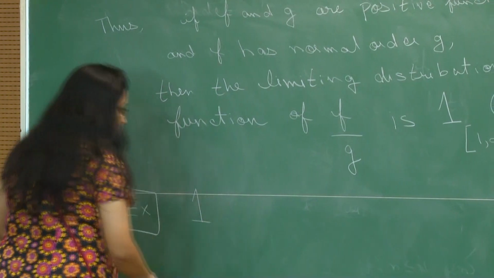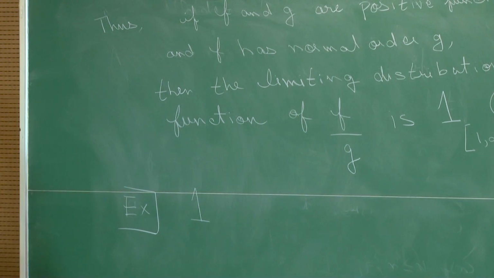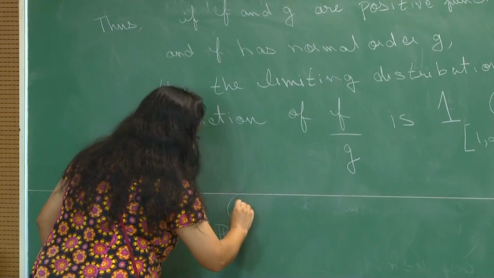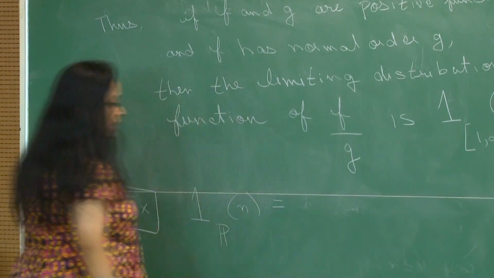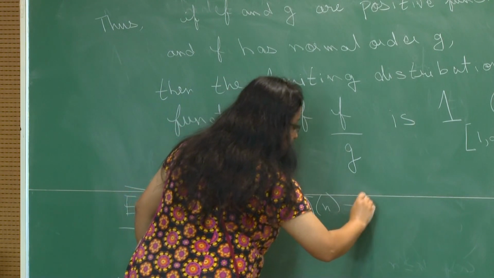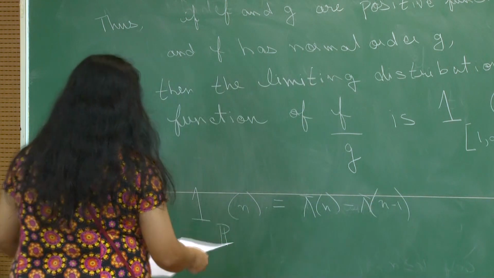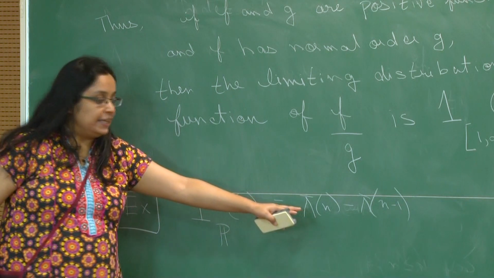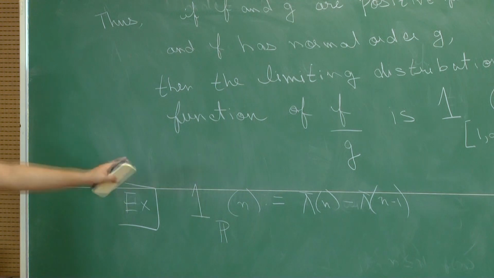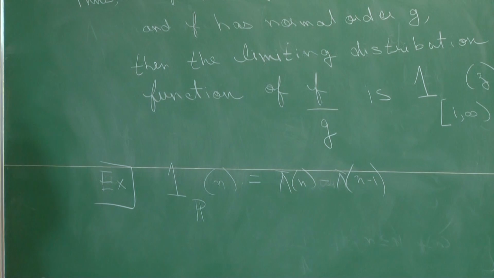Let us define the function to be equal to pi of n minus pi of n minus 1. So, this will pick up the value 1 exactly when n is a prime, and otherwise this will just be 0. That is why we are calling it the indicator function on the set of prime numbers.